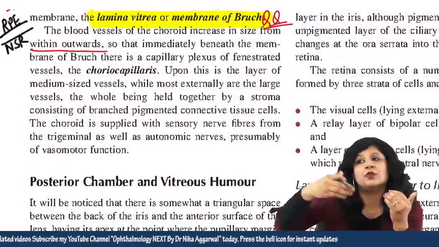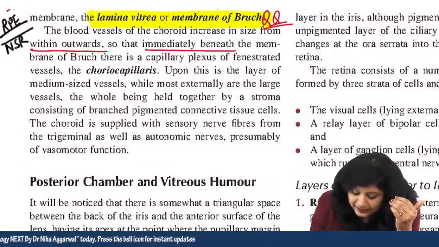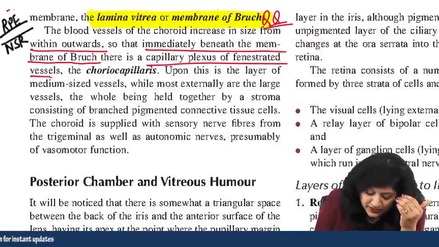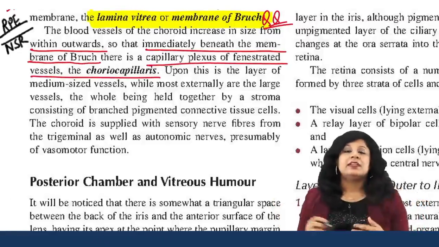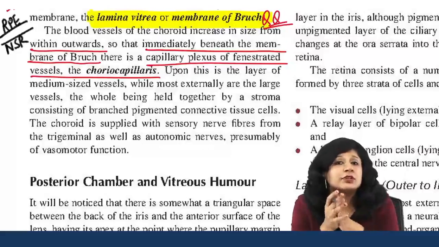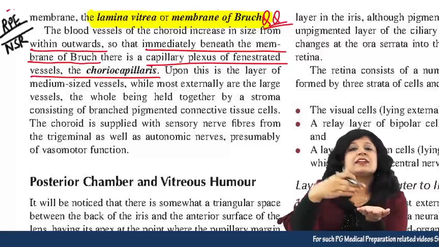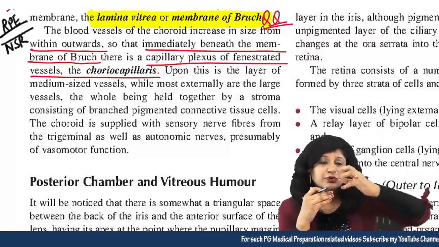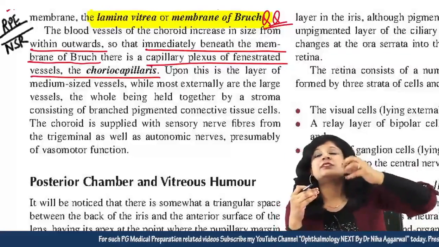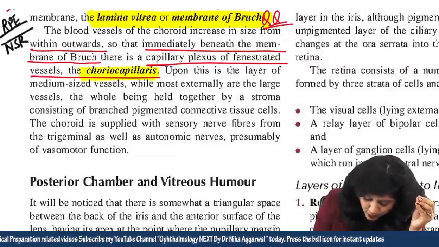Now the blood vessels of the choroid increase in size from within outward. So as they go out and out, their size keeps increasing. Immediately beneath the Bruch's membrane, there is a capillary plexus of fenestrated vessels, the choriocapillaries. The innermost side gives you very small capillaries, called the choriocapillaries.